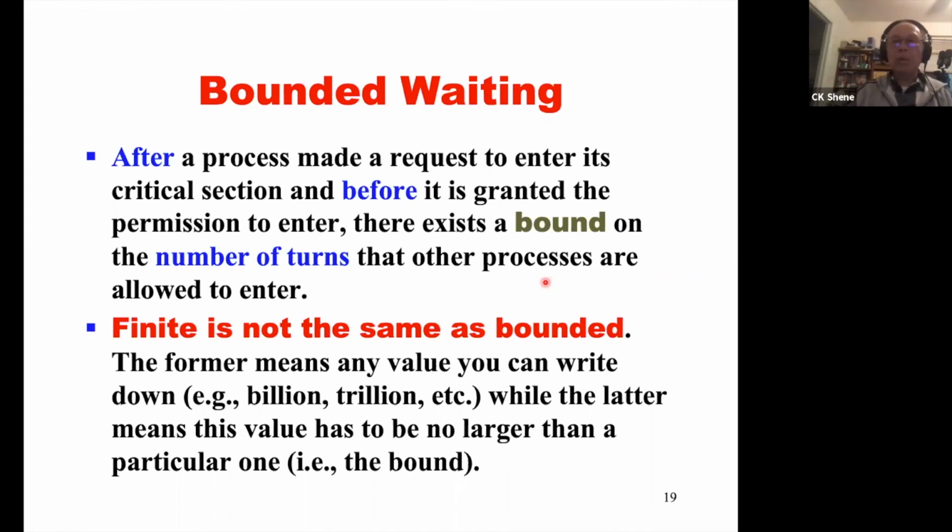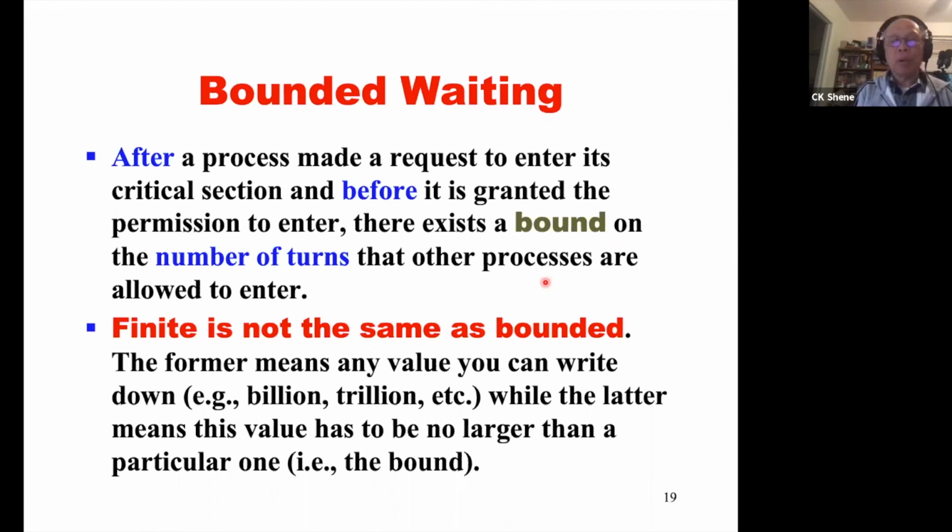So that means we need to have a bound, a predetermined value. This bound means how many turns or how many rounds I have to wait. So there exists a bound on the number of turns that other processes are allowed to enter. If the bound is 3, ahead of me, there are 3 processes that could enter.